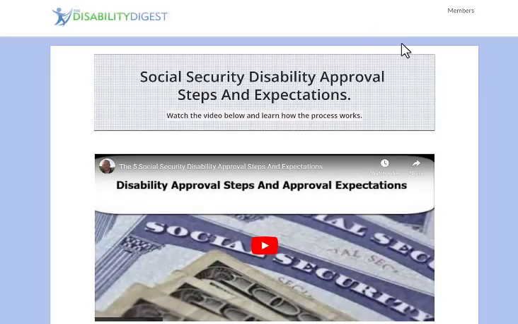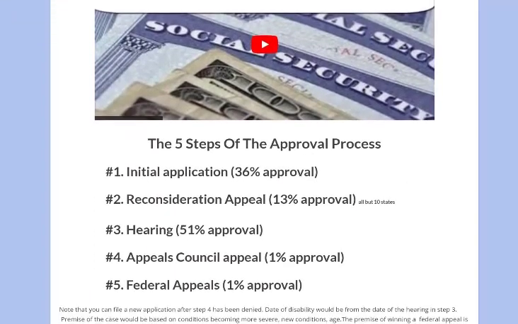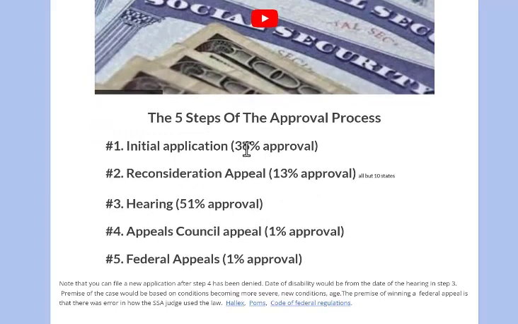So this item number 3 here, you can open this up. It's going to bring you to a page that has these expectations broken down. And this shows you at the initial application stage, it's like 36% approval. Now, what Social Security estimates is like a 5 to 7 month time for your decision at the initial application. And if that's denied, and in all but 10 states, there's the reconsideration that could be the same amount of time.